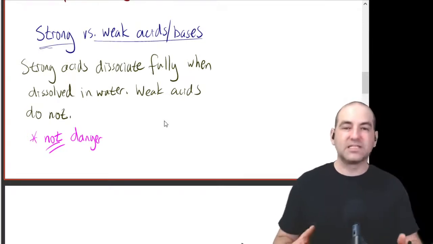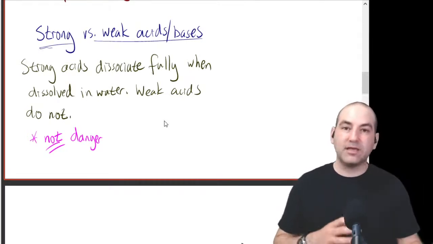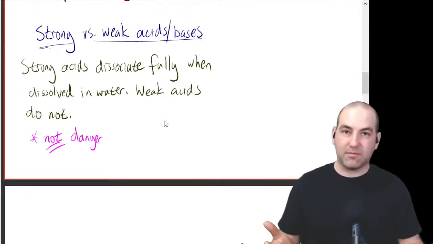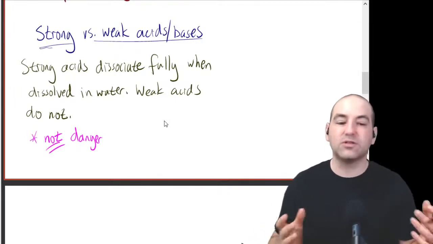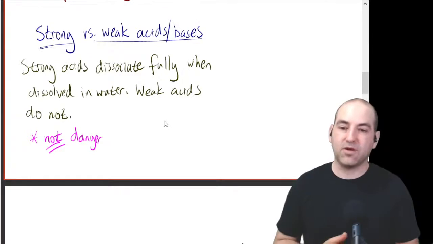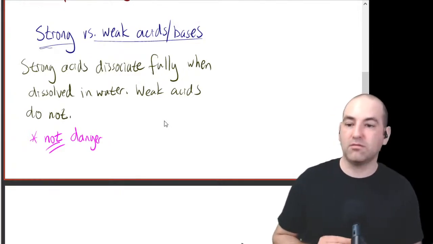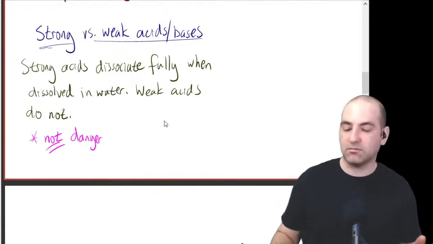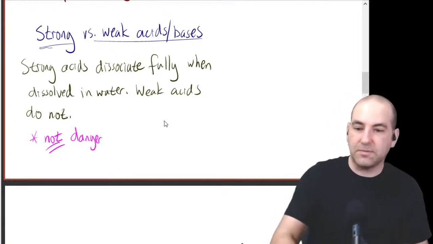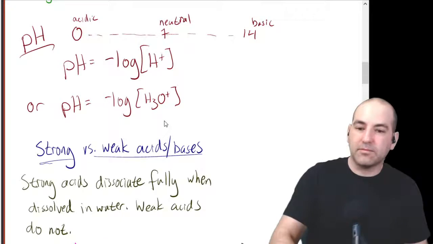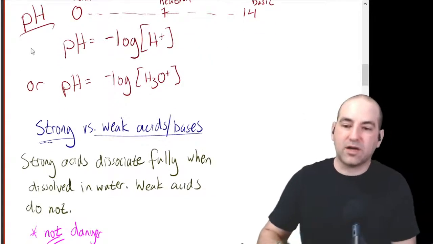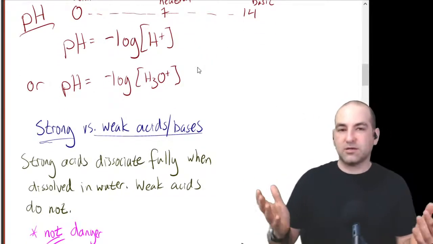If you're actually going to physically be working with something that's an acid or a base, just like any other chemical, even if it's not an acid or a base, you need to look up the safety data sheets and figure out what you're working with so that you don't hurt yourself and you can use the appropriate protective equipment and controls. I didn't talk too much more about pH because you'll be doing it in your lab.